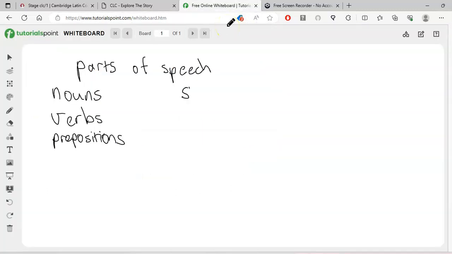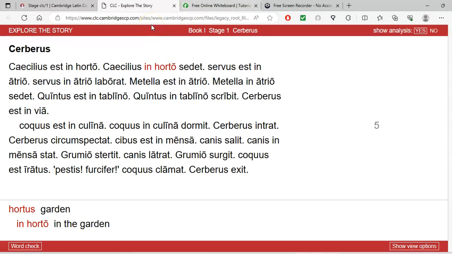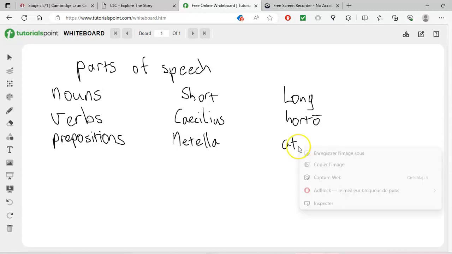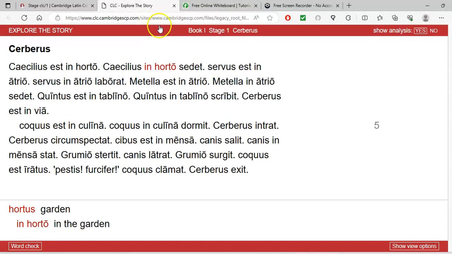So let's have a look at the short ones. We have Caecilius. I'm not even sure how to spell it. Caecilius. We have Metella. Short vowels, and we have nouns ending in long vowels. So we have ordo, atrio, also we have servus.